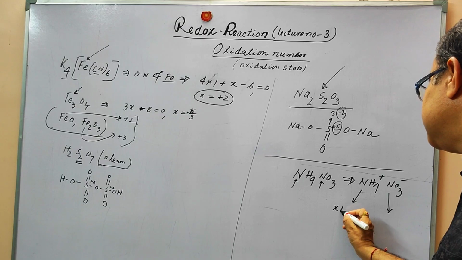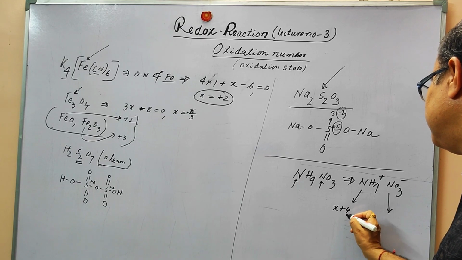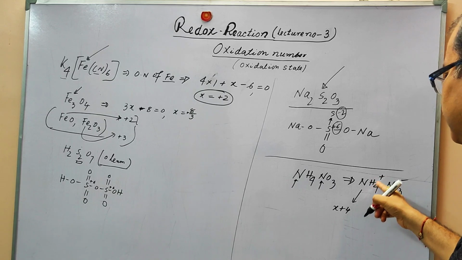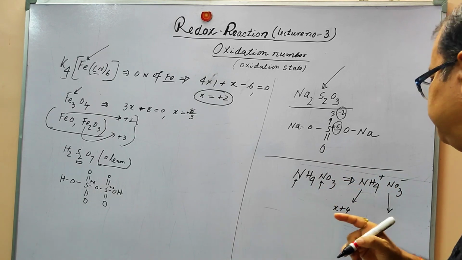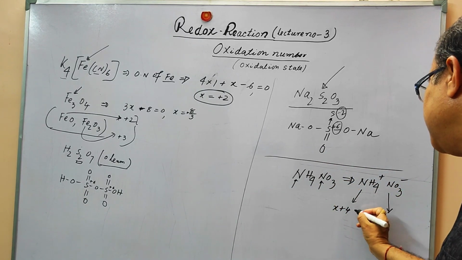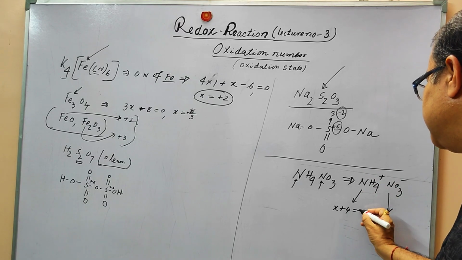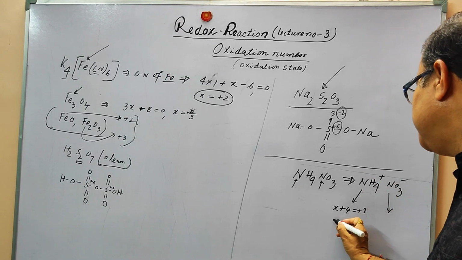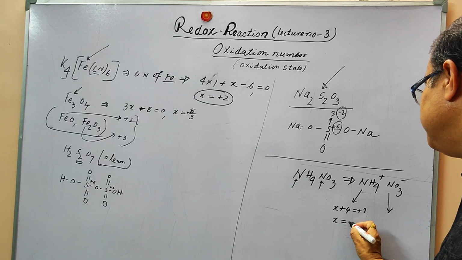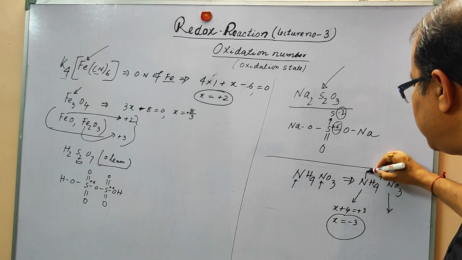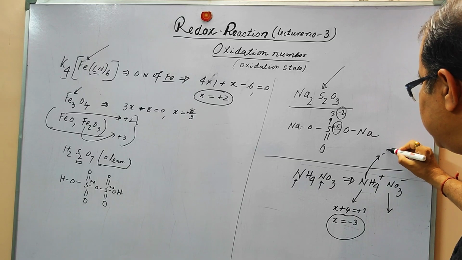How? Now this is x plus 4, because hydrogen always has plus 1 oxidation number, and the charge is plus 1. So you can see x will be minus 3, so its oxidation number will be minus 3.